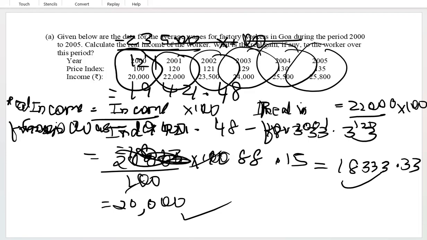So basically in this problem, we have to find the real income for all these mentioned years, which is income upon index number. And then if there is a gain, we have to show by what it has gained.